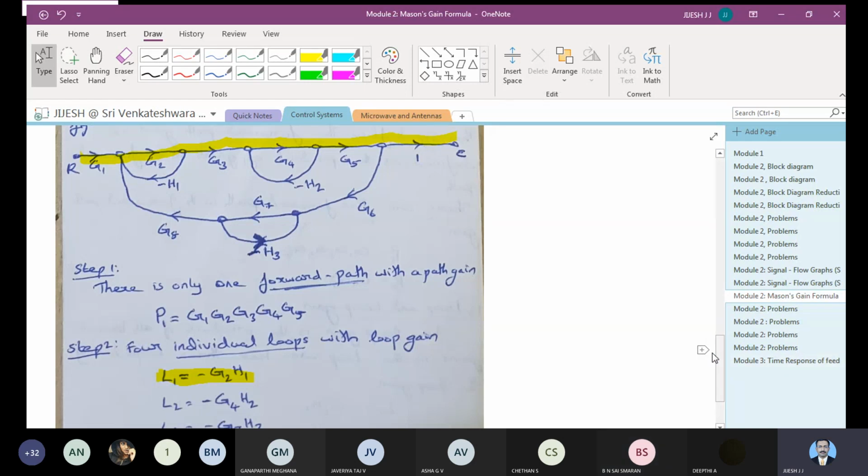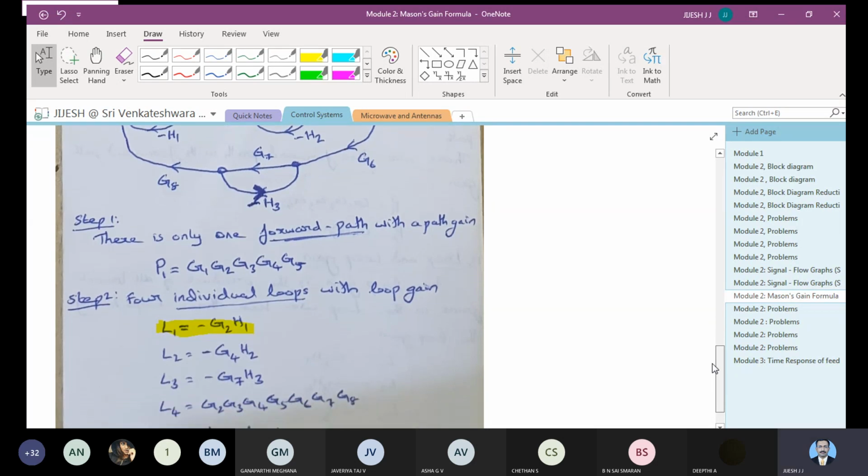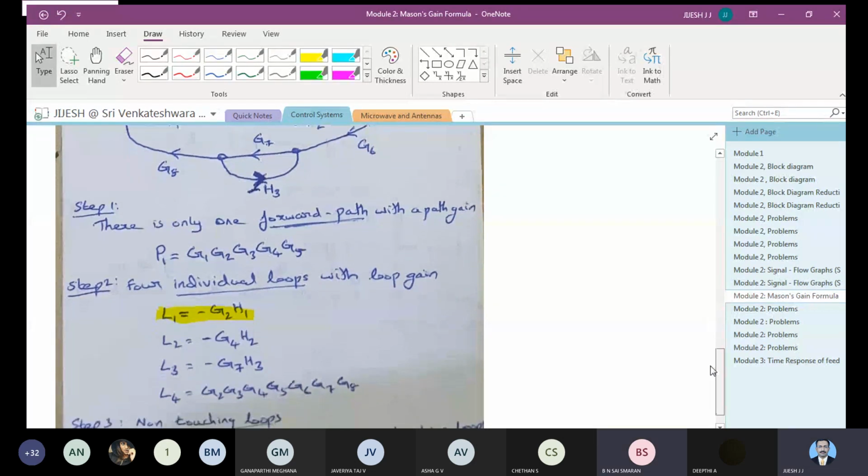Tell me whether L1 and L3 are touching or non-touching loops. Non-touching, sir. Yeah, so like that, how many? L1, L2, one combination, L1, L3, one combination, L1, L4, whether it is touching or non-touching. Touching, sir. So you should not use it because we are going with non-touching loops.